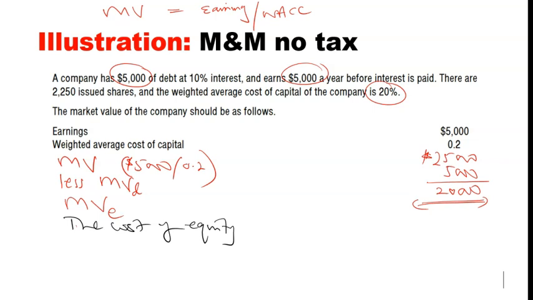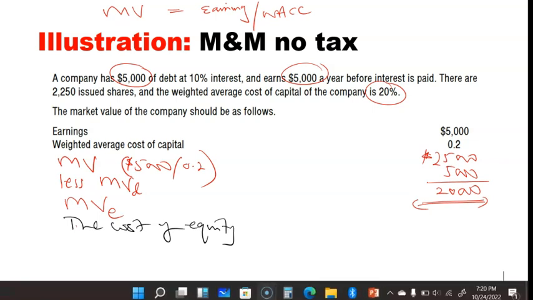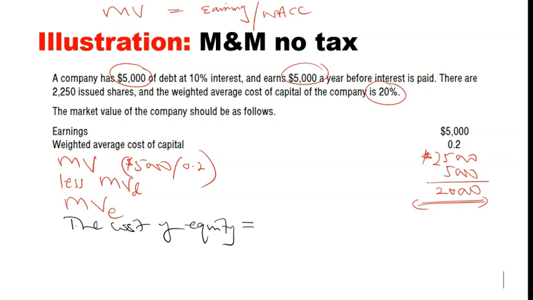Okay, the earnings are 5,000, but remember we need to adjust these earnings. We need to remove the interest component. So that's 5,000 minus the 500. Remember, the debt is 5,000, as you can see here, and it pays interest of 10%.